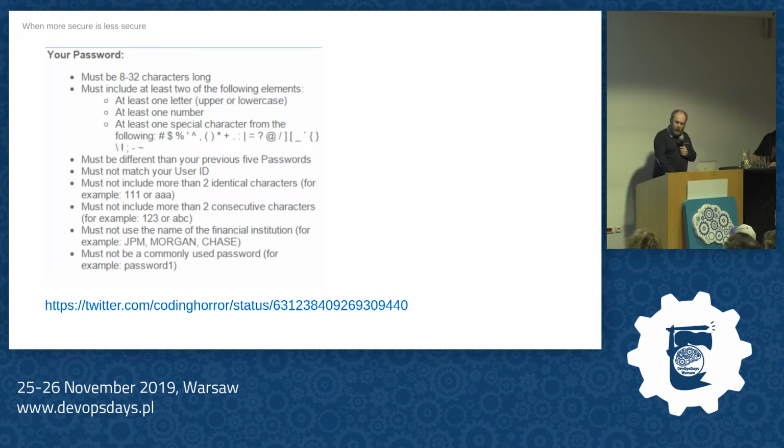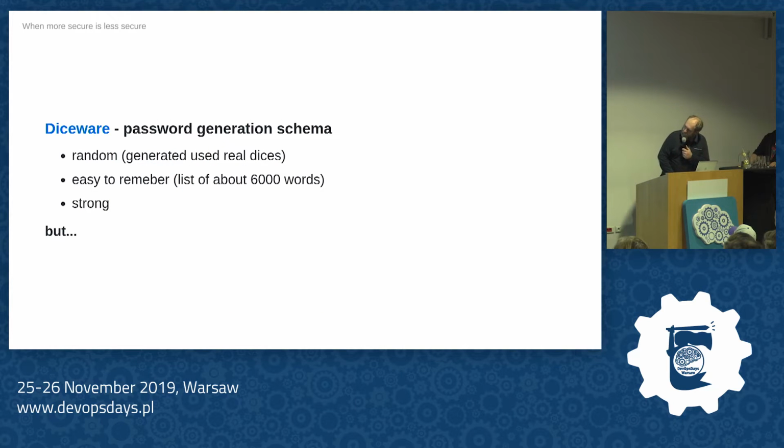So, what is the problem? Okay, your password is secure, but there is some schema of generating the password. This is called diceware, and it looks like this. You have real dice. You throw these dice, and according to the numbers displayed on these dice, you set up the password.